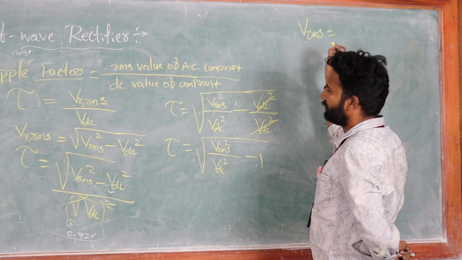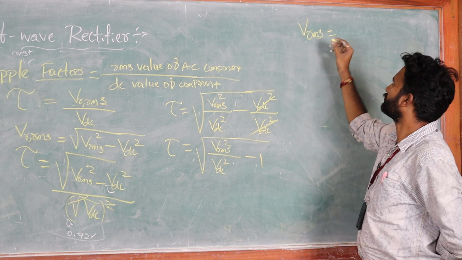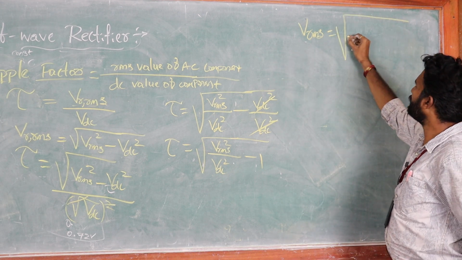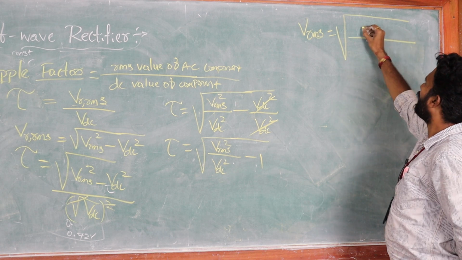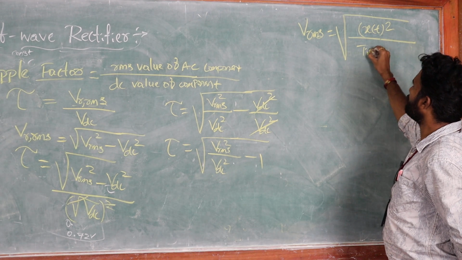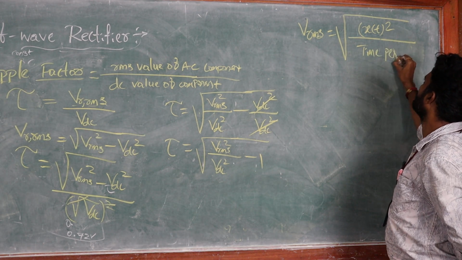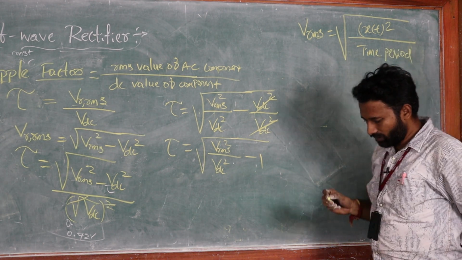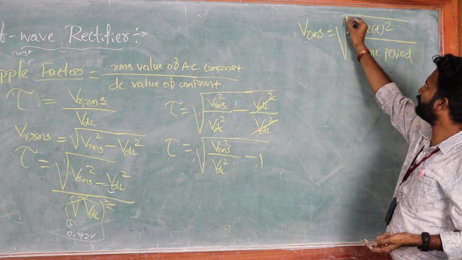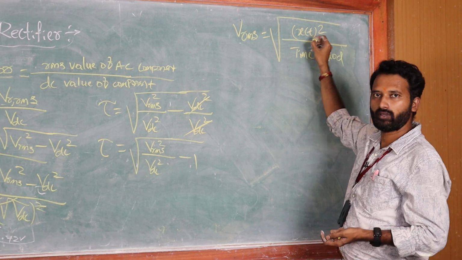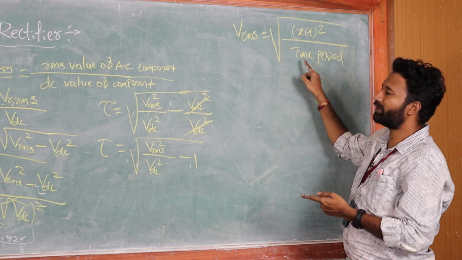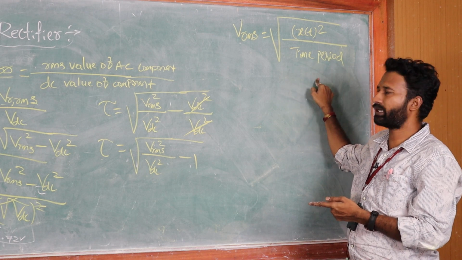it is defined as the square root of the ratio of the square of that function to the time period. I will repeat it: V_RMS is the square root of the integral of the square of my function x of t divided by the total time period.